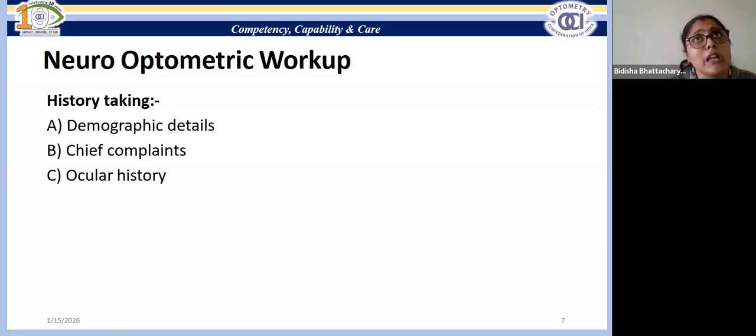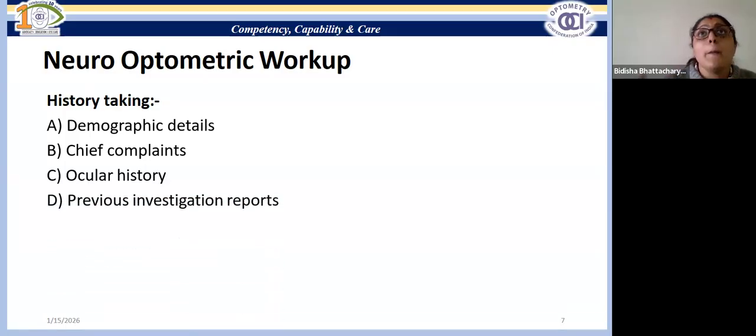Next is ocular history. There is a high possibility that they have gone somewhere else and were treated. So recent ophthalmic consultations also need to be written inside your report for further progress and information. Next, previous investigation reports. Maybe they have gone to a hospital that does not have this kind of neuro-optometric facility.